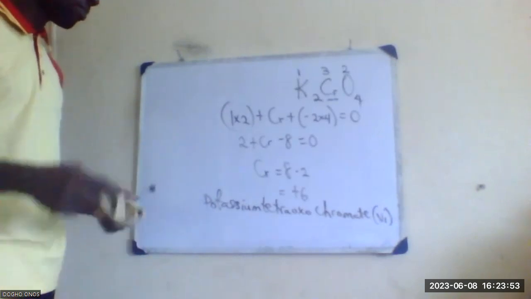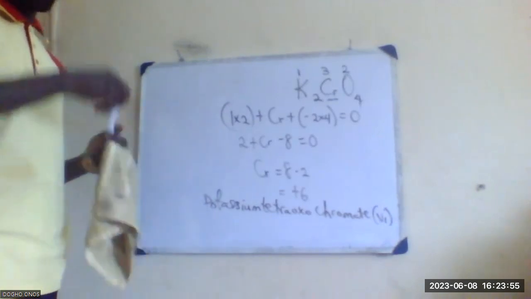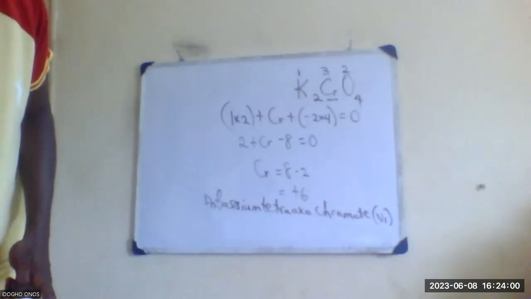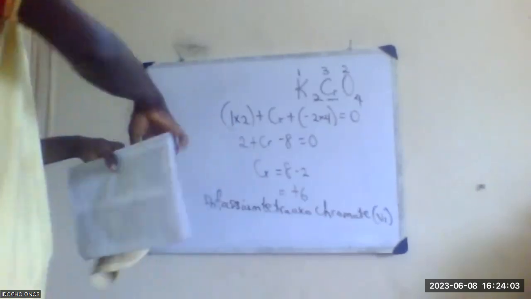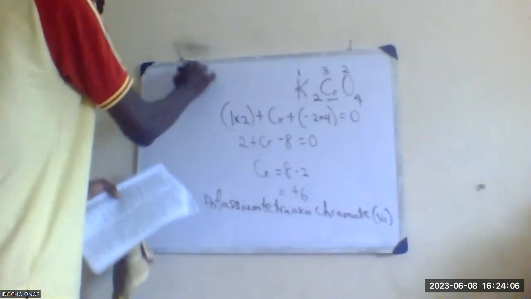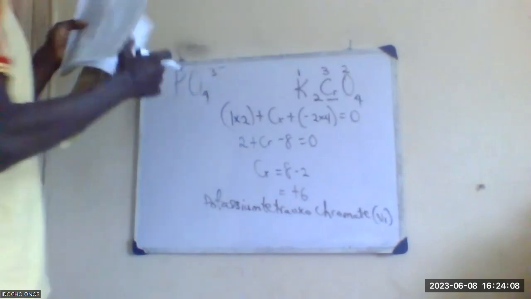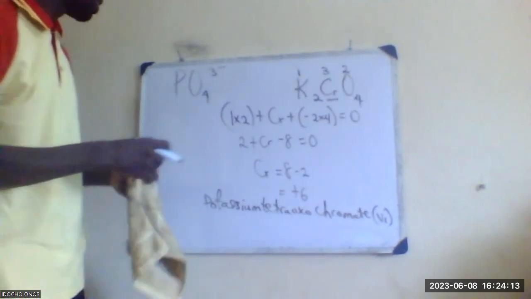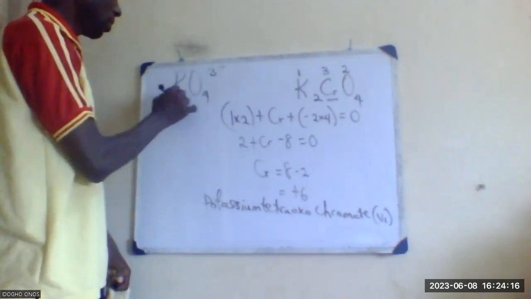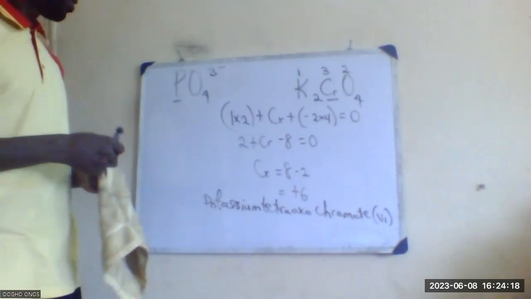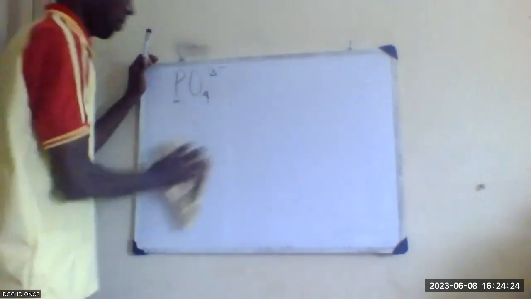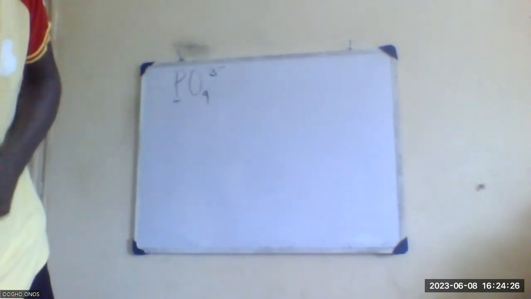Potassium tetraoxochromate 6. So let's look at another example here. I have PO4 3 minus. What is the oxidation number of phosphorus in this compound? Please, can we solve it and let me know the answer? PO4, minus 3.